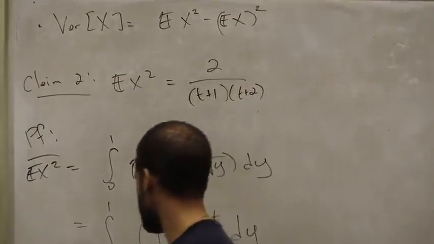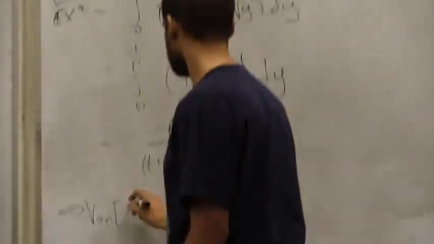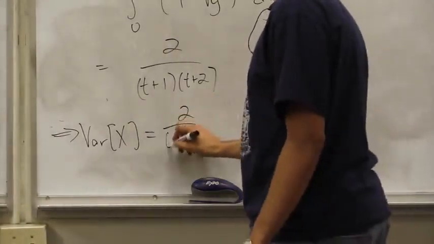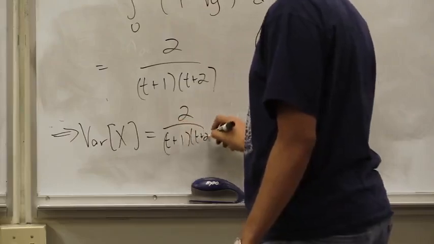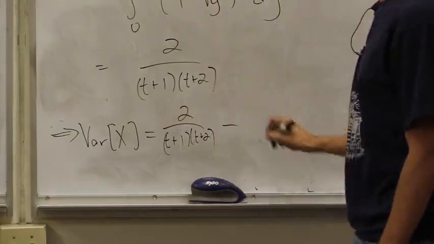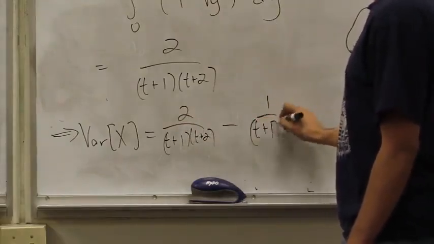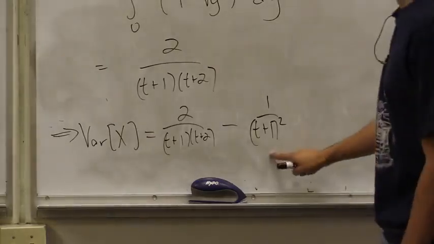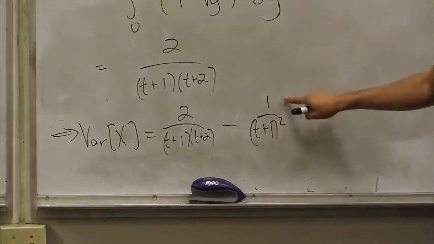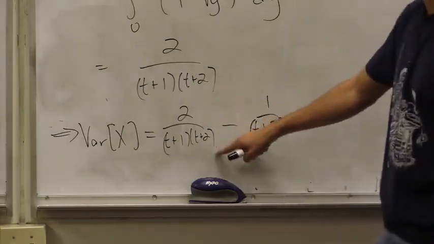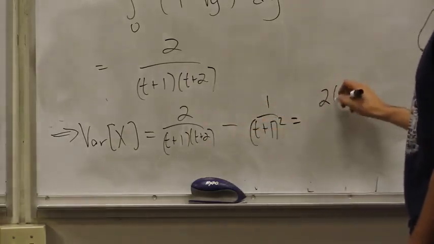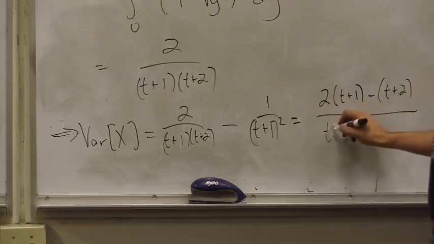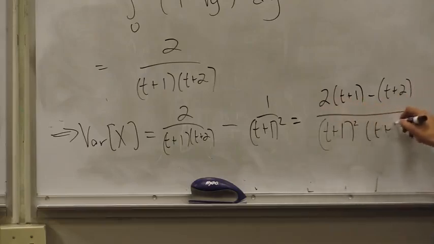So that implies that the variance is equal to 2 over (t plus 1)(t plus 2), minus 1 over (t plus 1) squared. Okay. Now let's give things similar denominators. So let's multiply this by (t plus 2) over (t plus 2), and this by (t plus 1) over (t plus 1). This is equal to (2(t plus 1) minus (t plus 2)) over (t plus 1) squared (t plus 2).